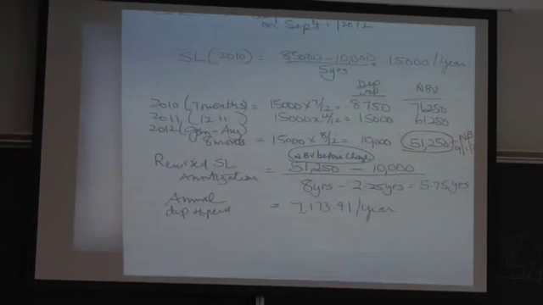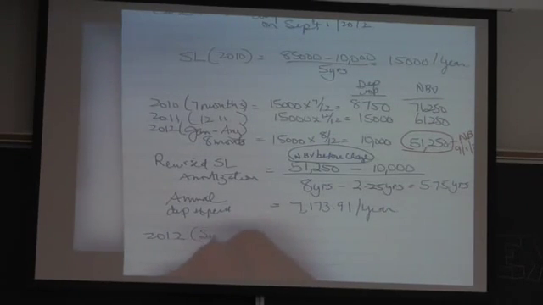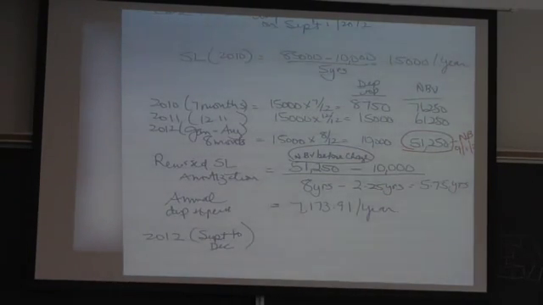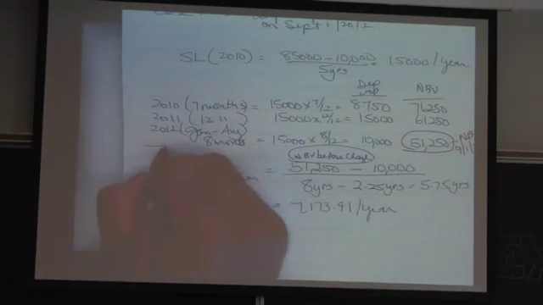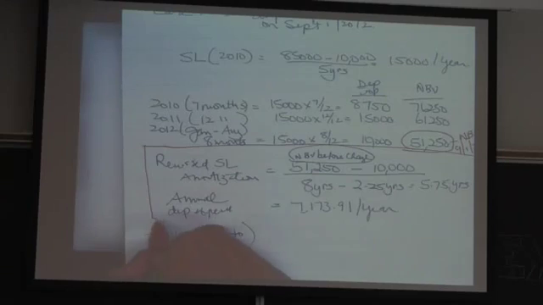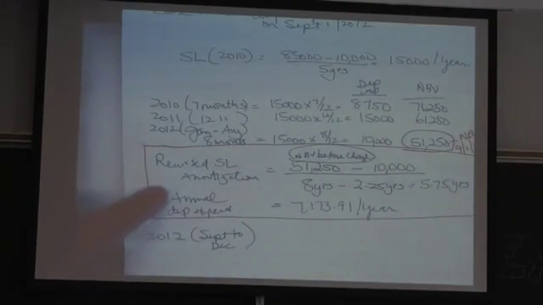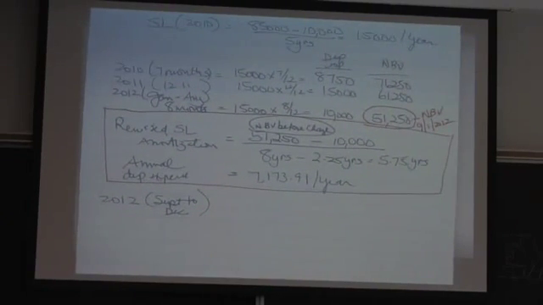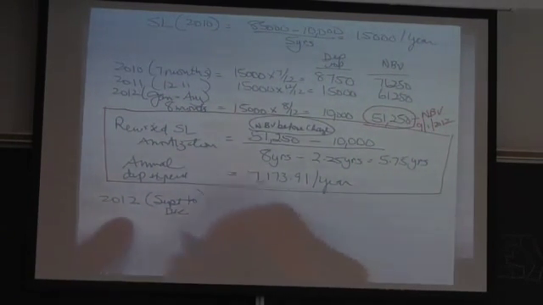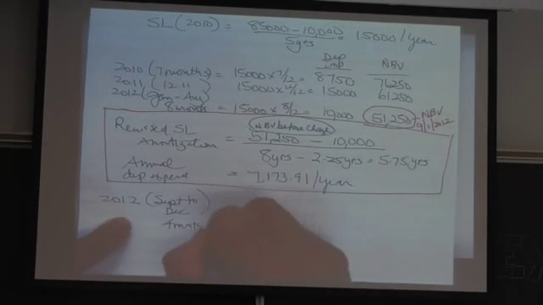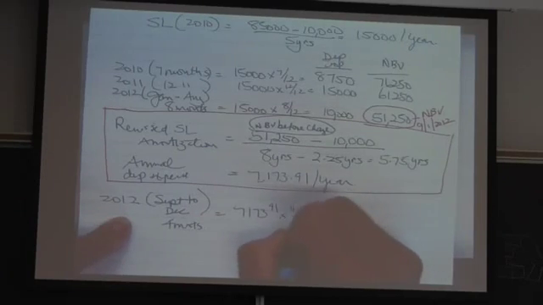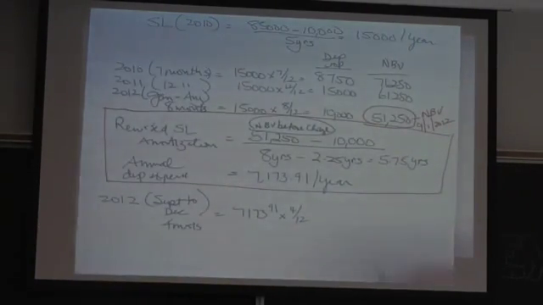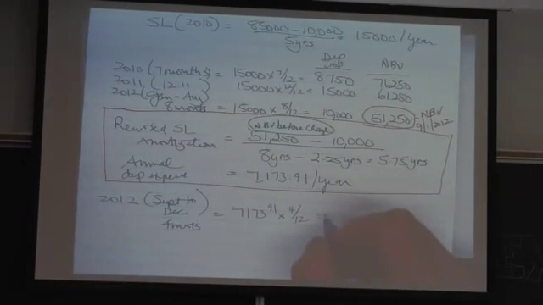Now we need to calculate the 2012 September to December amortization, because remember, we need to finish this calculation. Really, this is just a sidebar calculation to help us calculate the depreciation for the remaining period. Here there are 4 months, so it's 7,173.91 times 4 over 12, which is 2,391.30.